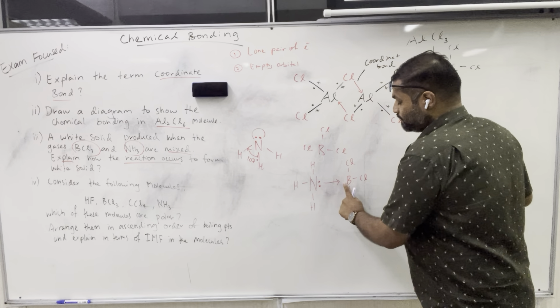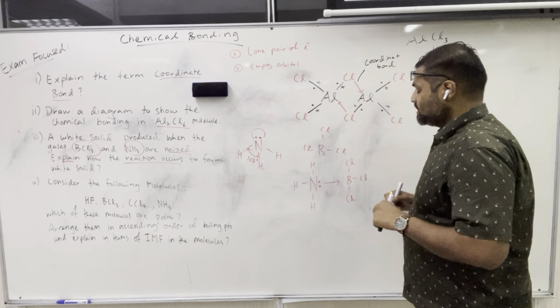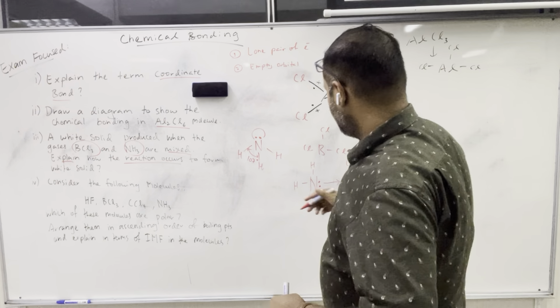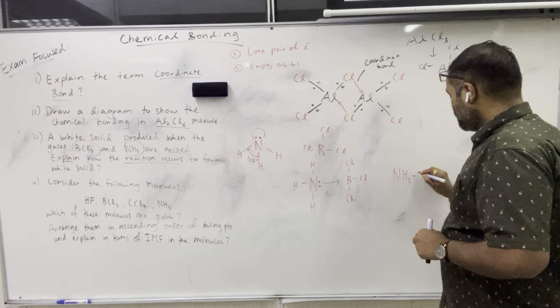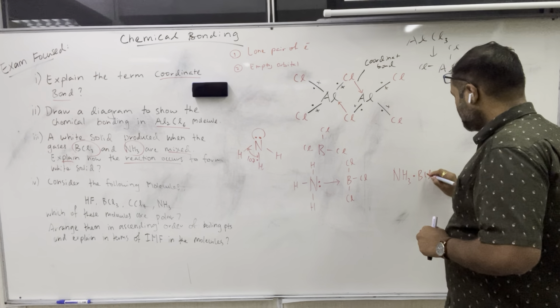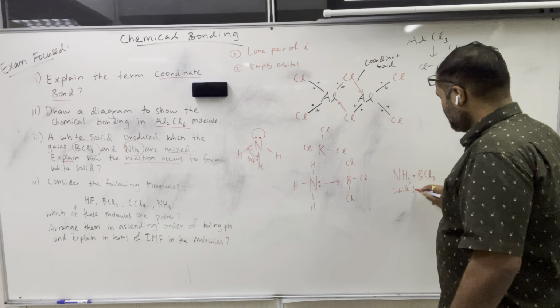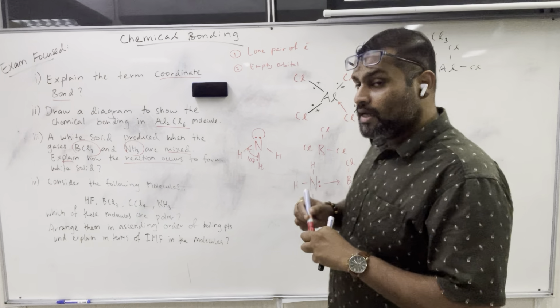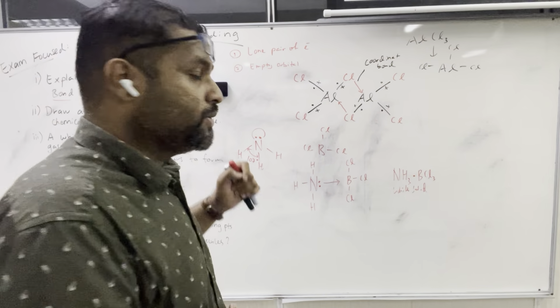So this electron pair is parked under the shell of boron and they form NH3BCl3. It forms a white solid by forming a dative covalent bond. So this is how the compound is formed.